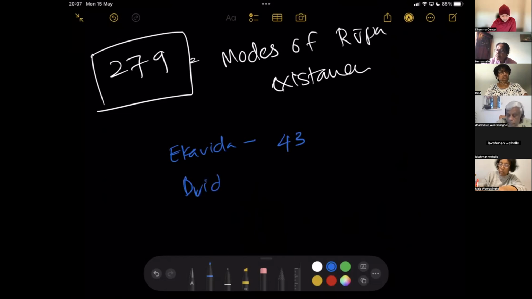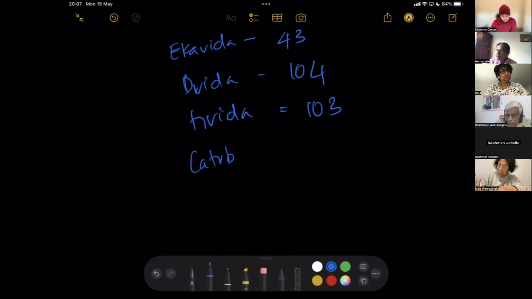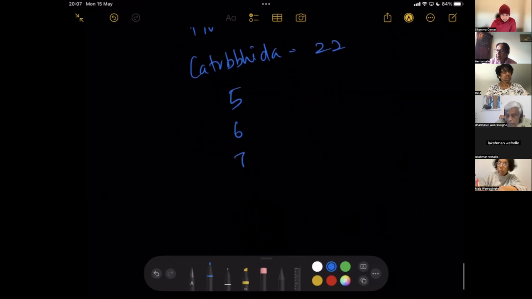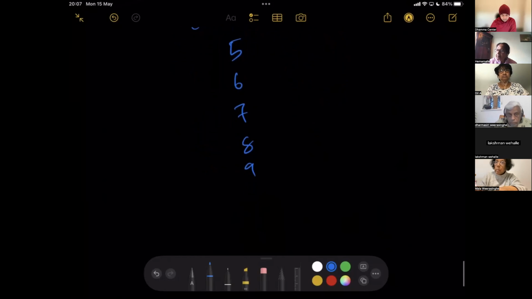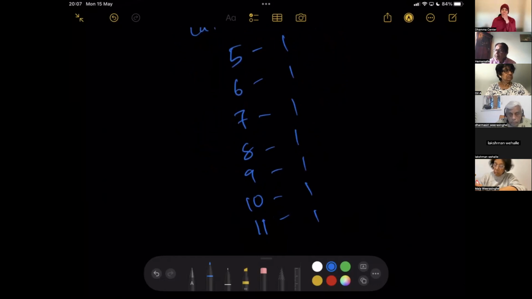Dvividha, 104. Tividha, 103. Catubbidha, 22. Then 5, 6, 7, 8, 9, 10, 11, each 1.